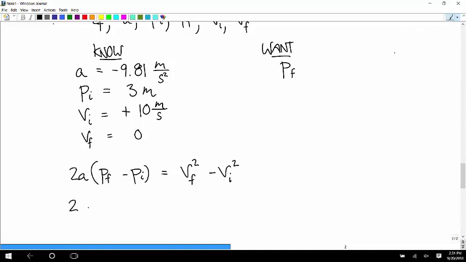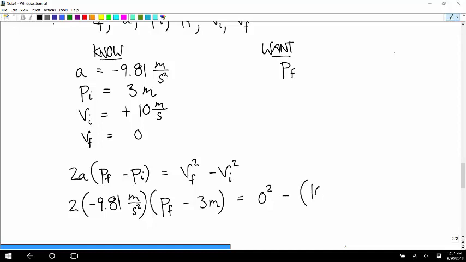And so 2 times negative 9.81 meters per second squared times the quantity pf minus 3 meters is equal to 0 squared minus 10 meters per second squared.